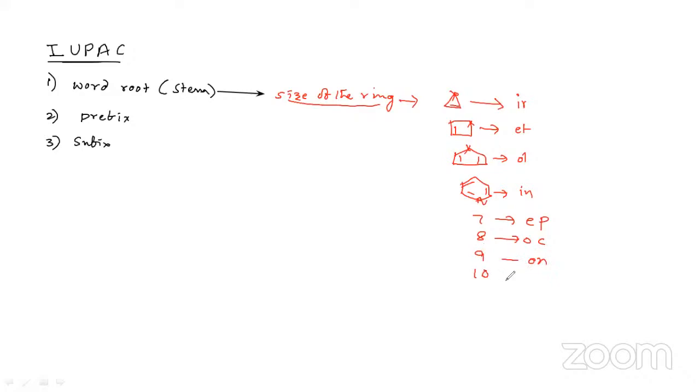Next one, 10-membered system, ec. So this is about the word root. In all of this, the 3-membered, 5-membered and 6-membered are the most important ones.